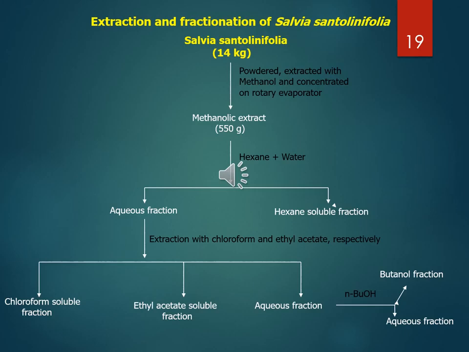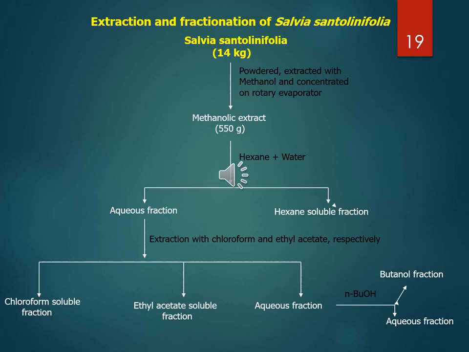The methanolic extract is partitioned between n-hexane and water, and in this way we obtain two fractions, that is the aqueous fraction and the hexane soluble fraction. The aqueous fraction is further extracted with chloroform and ethyl acetate respectively, and we obtain two more fractions, that is the chloroform soluble fraction and the ethyl acetate soluble fraction.